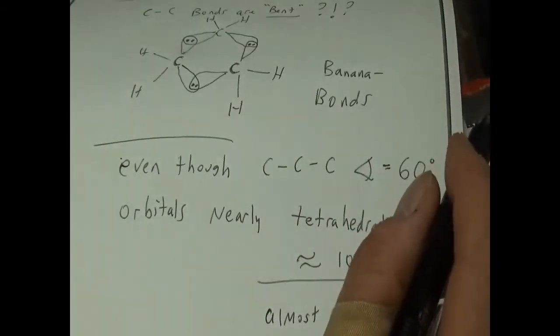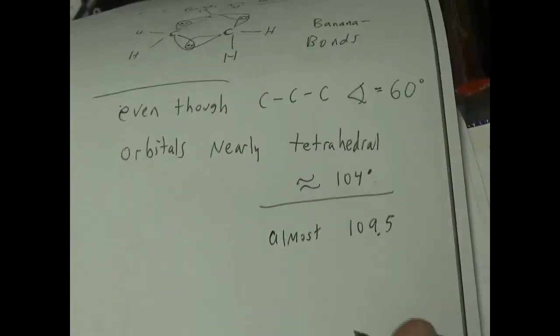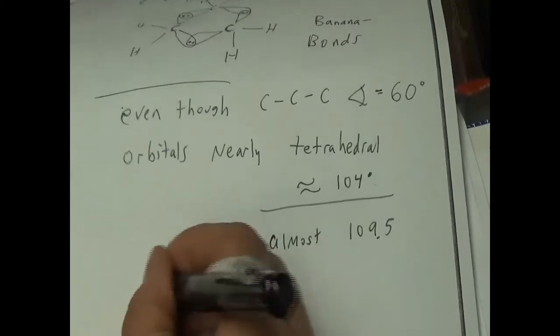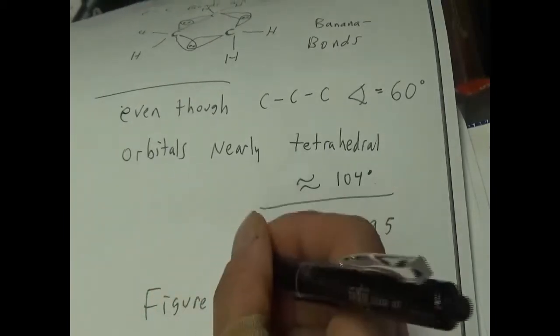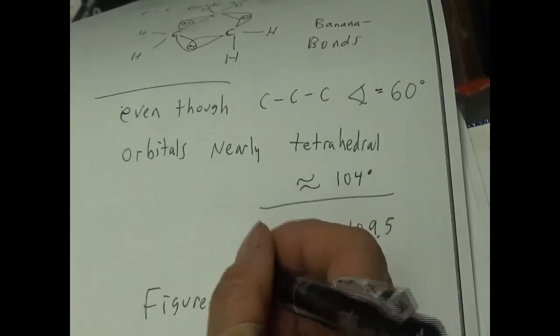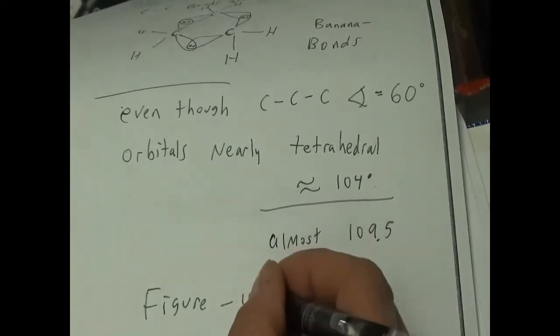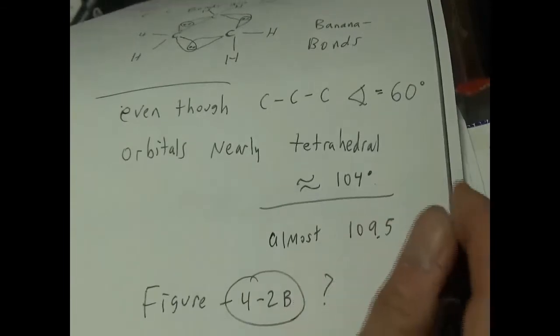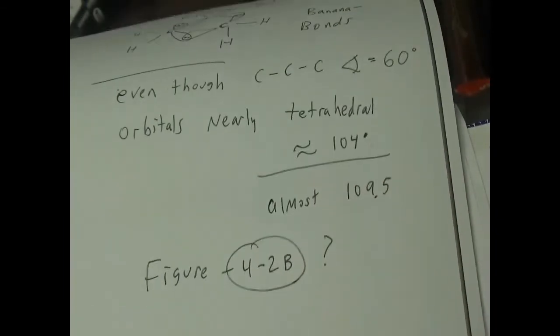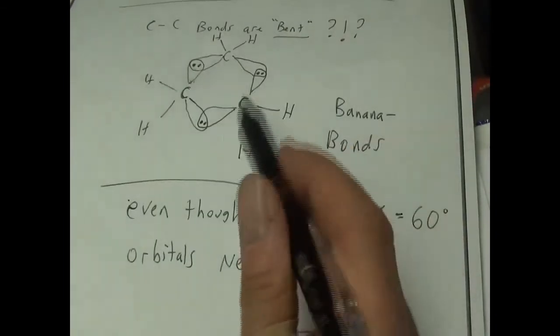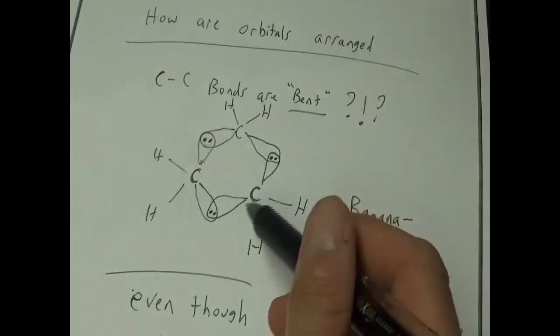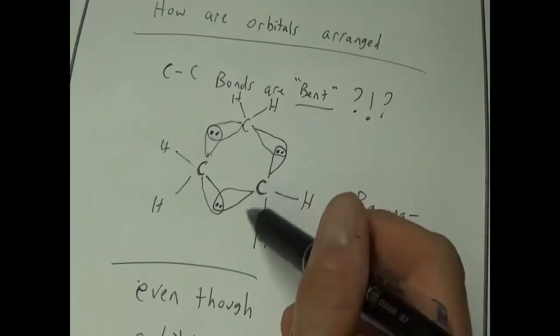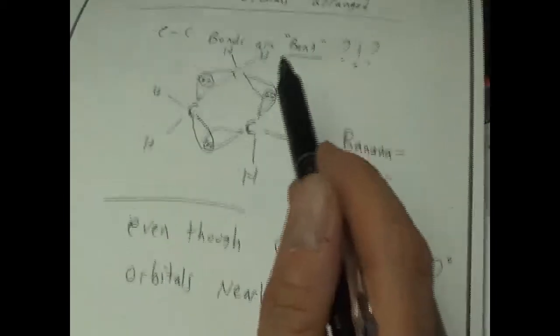All right. They have a nice figure in the book. Figure 4-2, I think it's B. Check that, and you can actually see a computer model of how this looks with its bent bonds. But this is a pretty reasonable depiction of what the bonds and the orbitals look like.